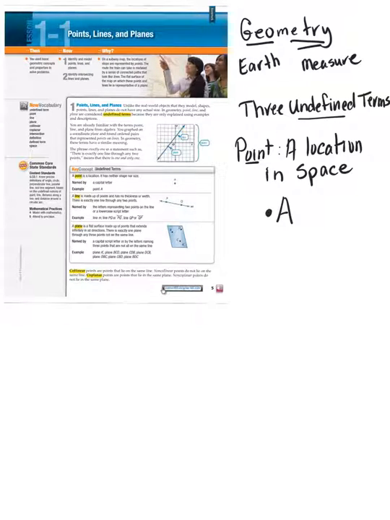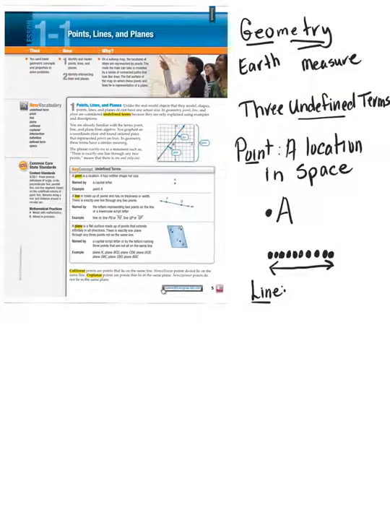If I put an infinite set of points side by side by side, and when you think about the ones that fall in between there as well, I'm creating a line. So line is our second undefined term.